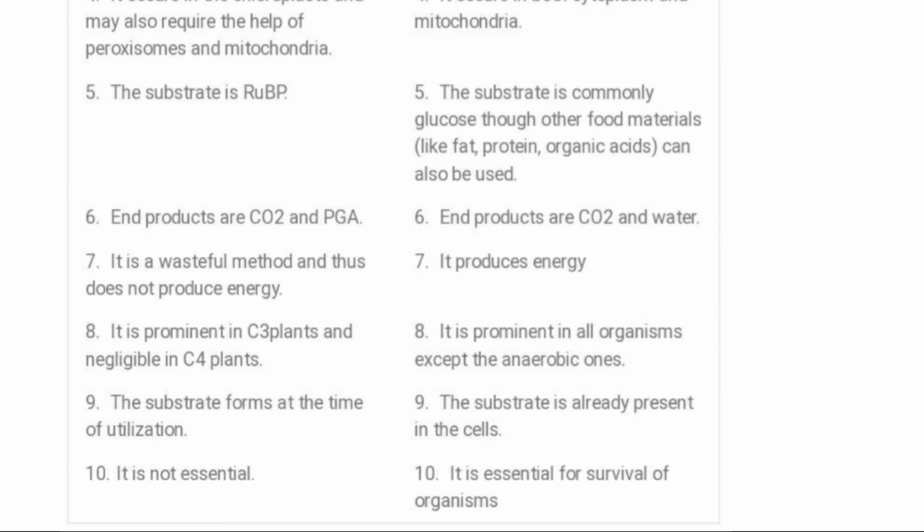Next, we'll discuss point number 8. It is prominent in C3 plants and negligible in C4 plants. This is very, very important. In all C3 plants, generally, photorespiration can be found, because in C3 plants only the Rubisco enzyme is present, and Rubisco adjusts itself according to the concentration of oxygen and carbon dioxide in the environment.